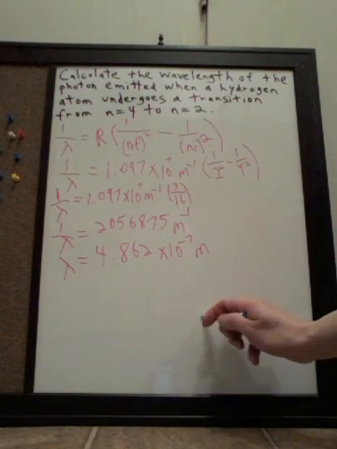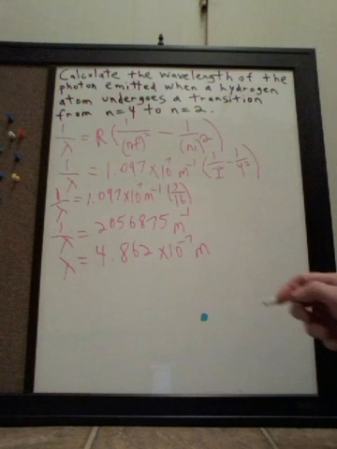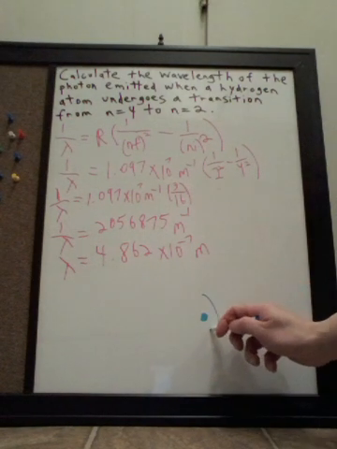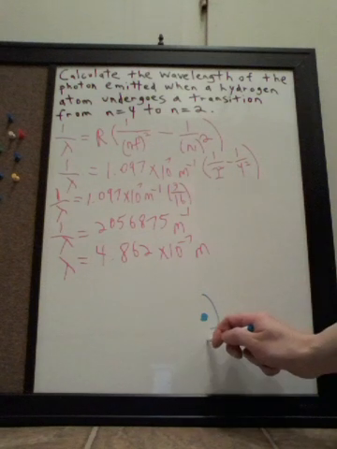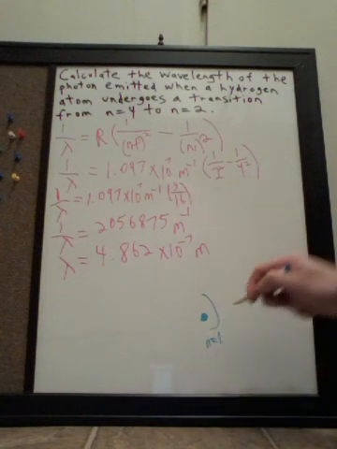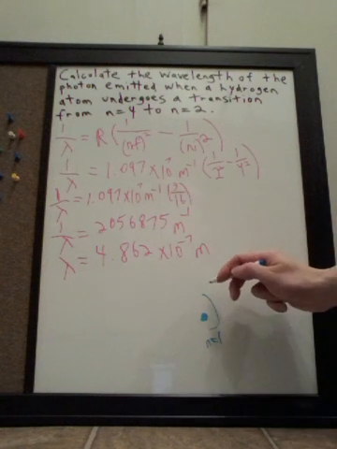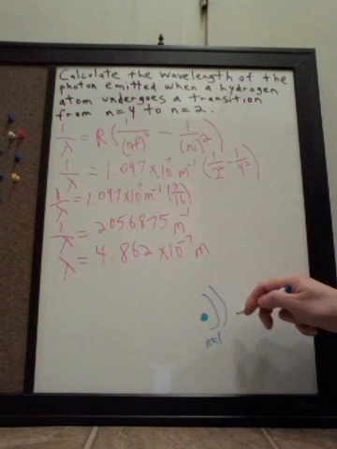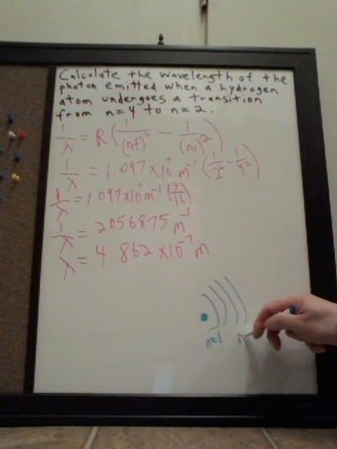If we say this is the nucleus of the hydrogen atom, then we have the n equals 1 energy level, which is also called the ground state. And then we have n equals 2, n equals 3, n equals 4.